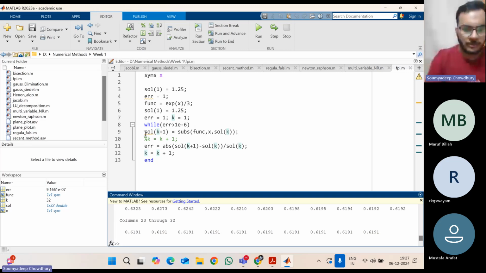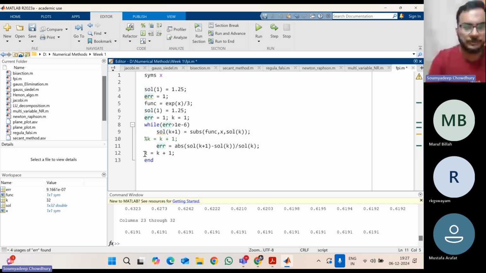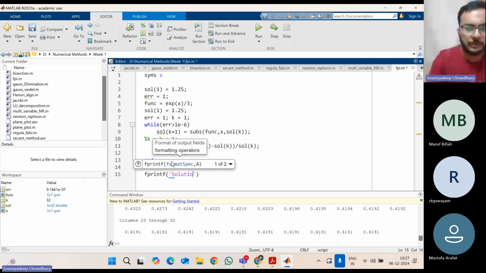So you can see here, I'll just print it also.